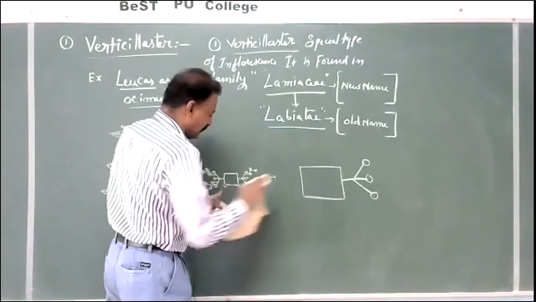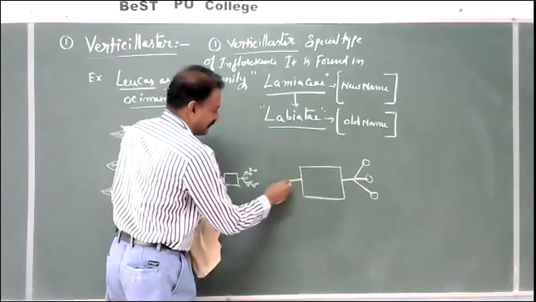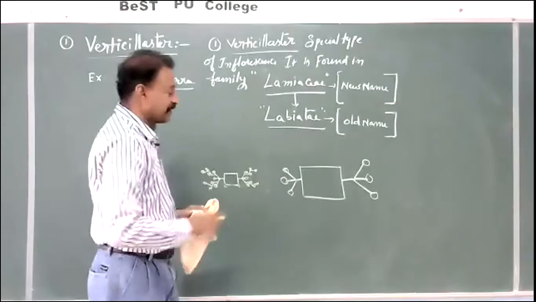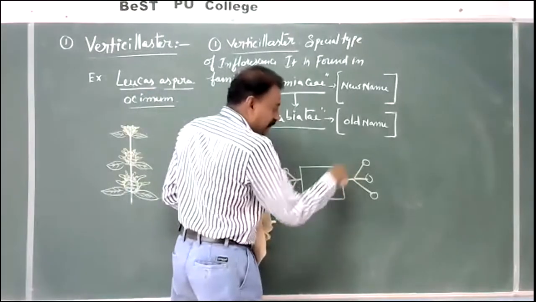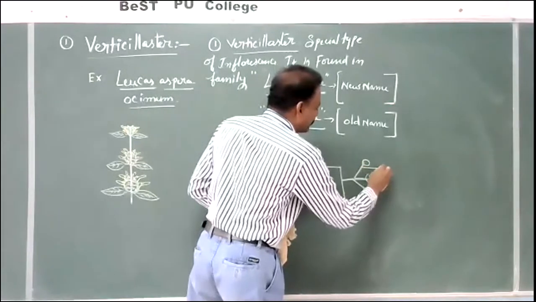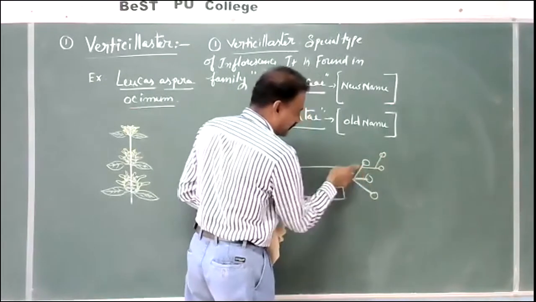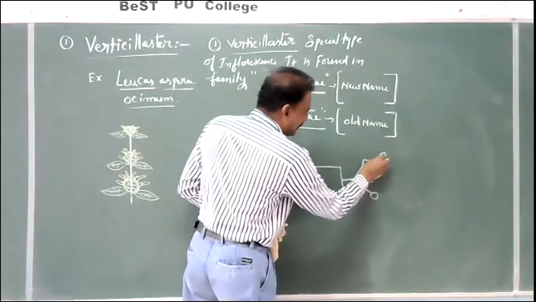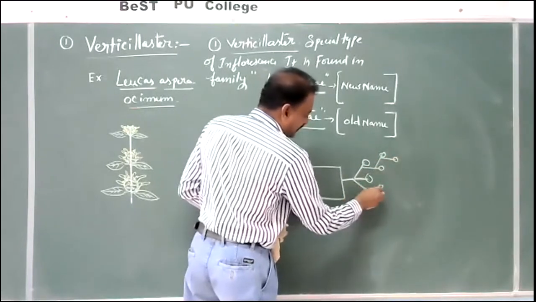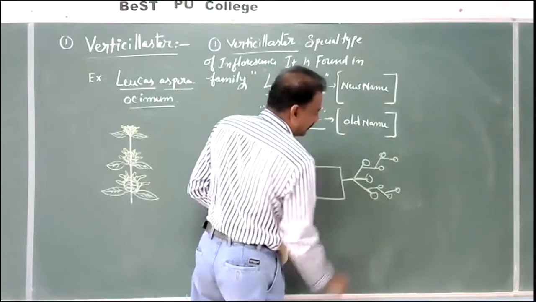This side also dichasial, always two. Now it becomes monochasial. What is monochasial? Scorpioid: one side, other side, one side, other side.